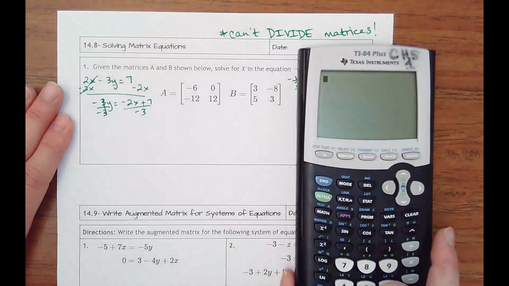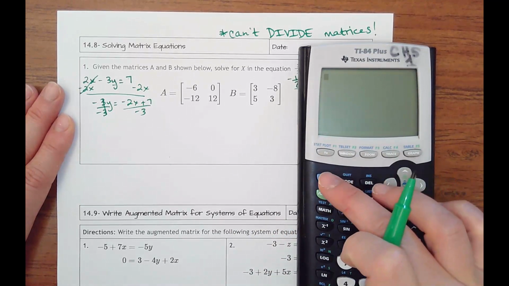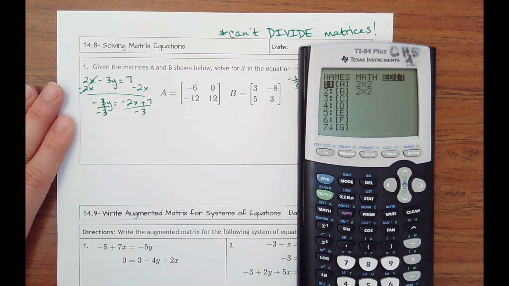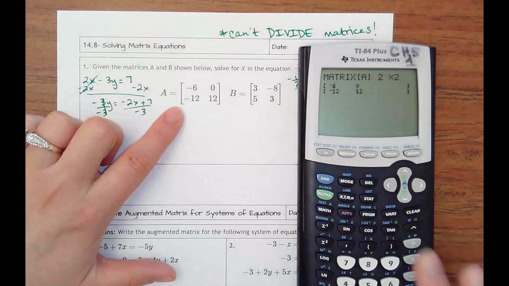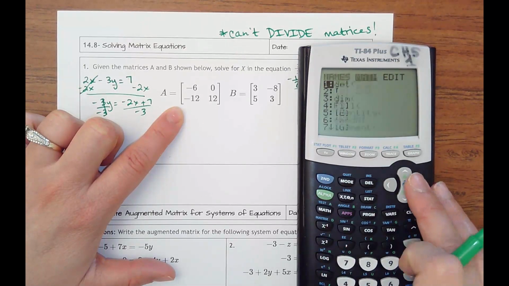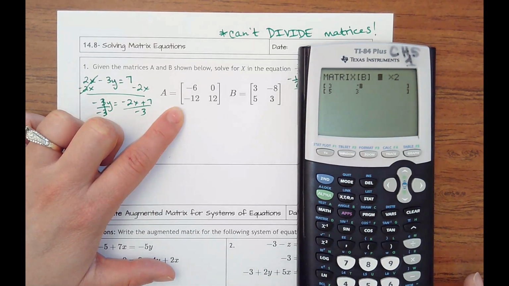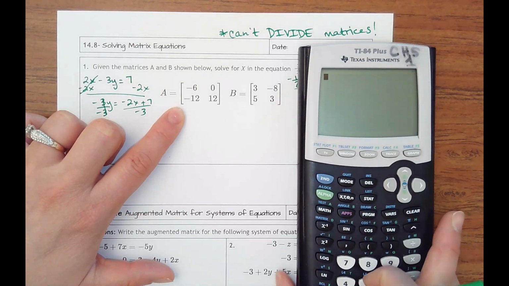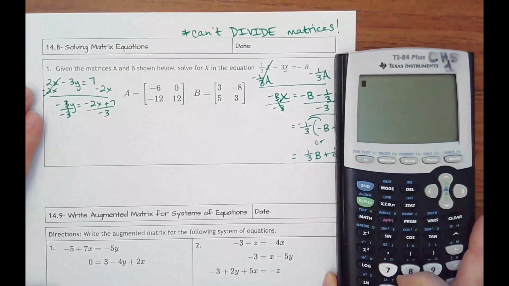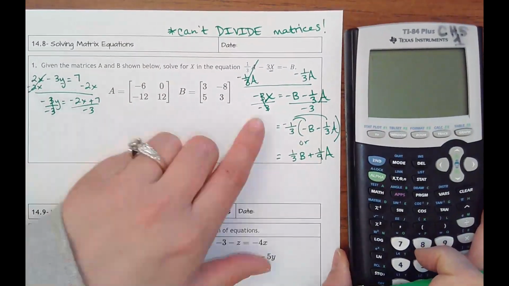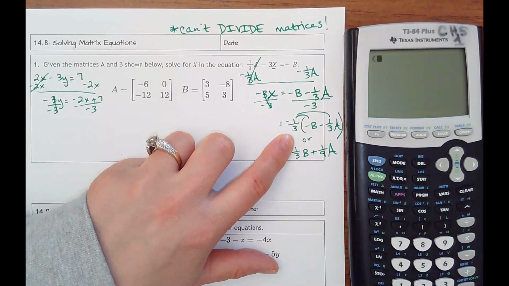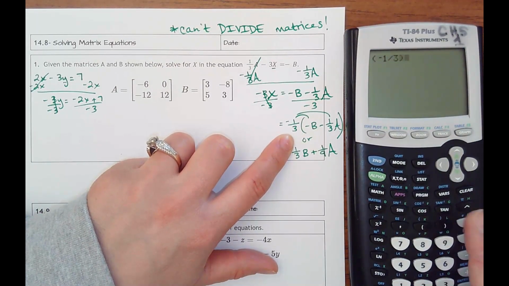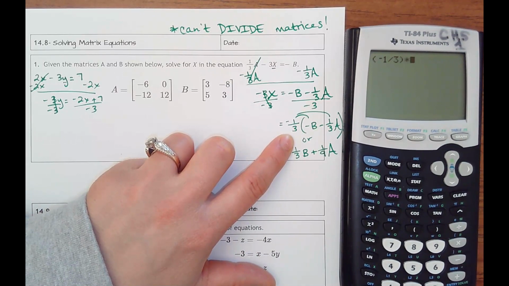Go ahead and put your matrices in, which I already have them. So remember, go to edit. They're both 2 by 2s. There's my A. There's my B. Second quit. And so we're going to do negative 1/3. Put parentheses around it. Negative 1 divided by 3 times.